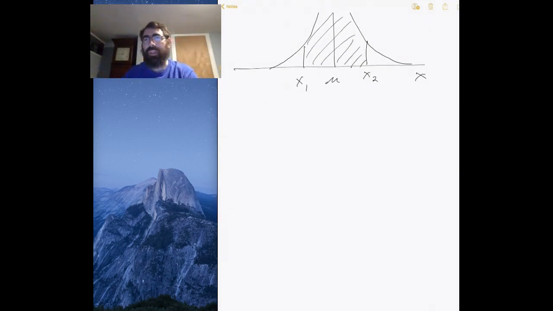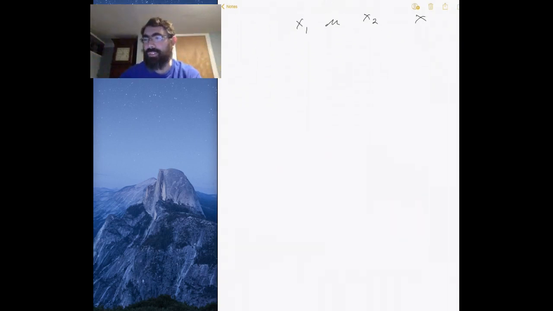Now the nice thing about the Gaussian is that if you integrate the Gaussian from a range of minus infinity to infinity, it's a very easy integral to do. Now, integrating over the finite range is a little bit trickier, and so that's where it leads to this thing called the error function.